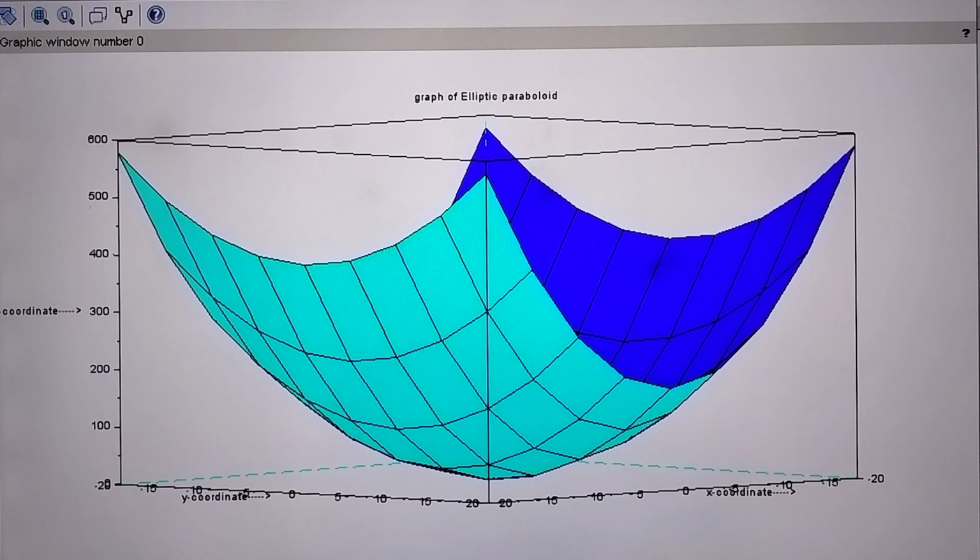In my previous video I gave the hyperboloid, and that question was also set three times in Utkal University of Odisha. Before that I gave how to plot a polynomial, its first derivative and second derivative, and that particular question was also set twice in the same university, Utkal University, for math honors first semester.